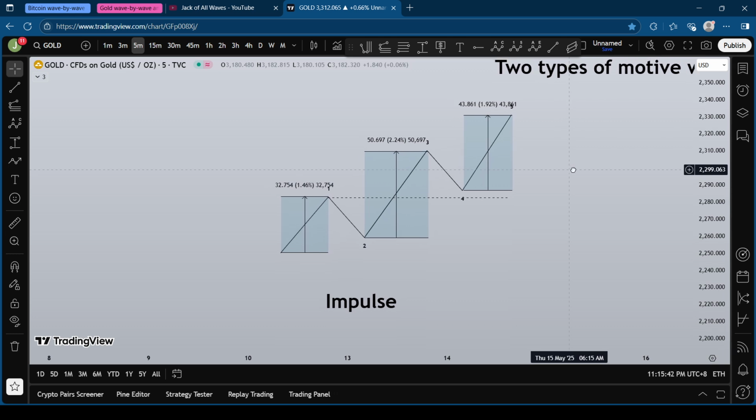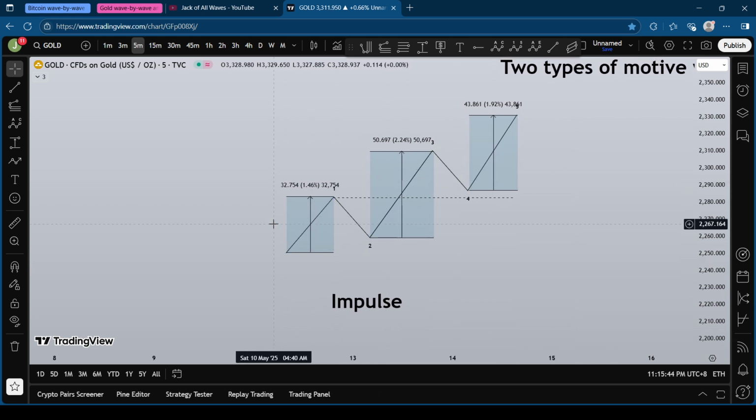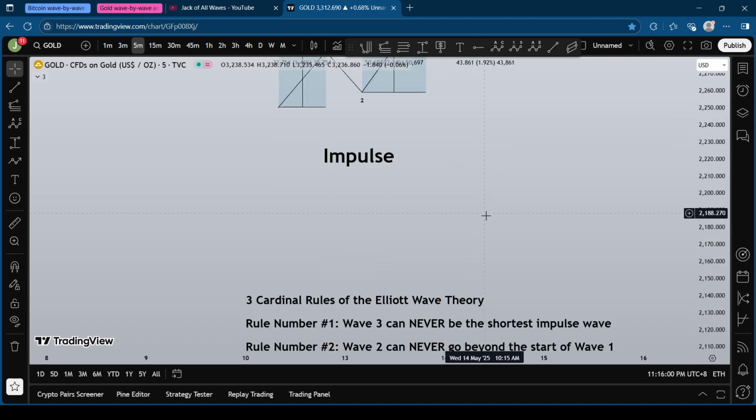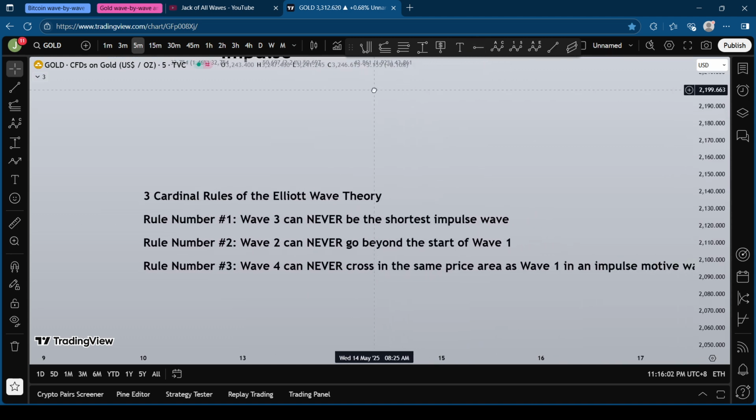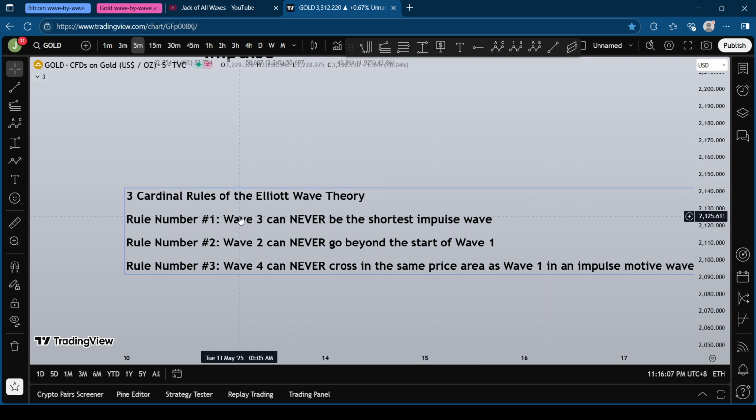In this case, if we look at this carefully, wave 1 is around 1.46%, while wave 3 is 2.24%, and wave 5 is 1.92%. So if we go back to the three cardinal rules of Elliott wave theory, this satisfies all these rules, wherein wave 3 can never be the shortest impulse wave, and wave 2 can never go beyond the start of wave 1.